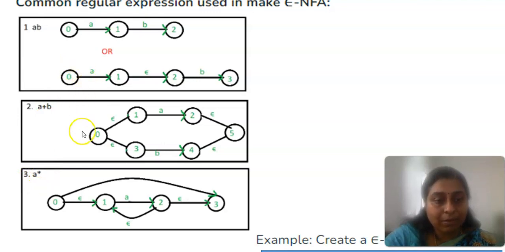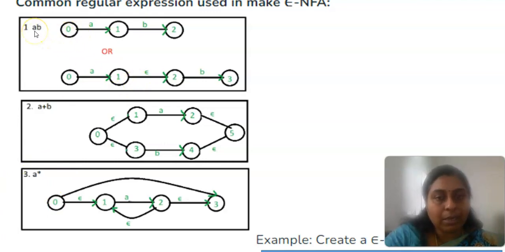Now these three epsilon NFAs for the respective regular expressions can be understood, and then the same shall be applied for the given regular expression, together with which we produce the final epsilon NFA. So just a quick go through.